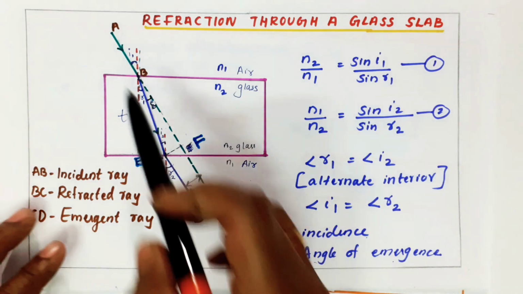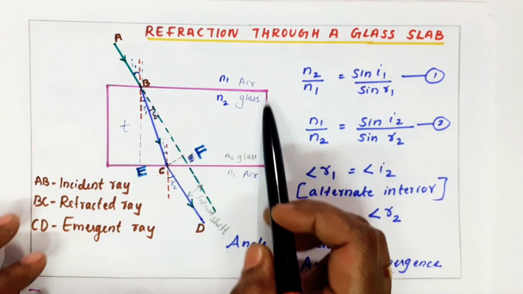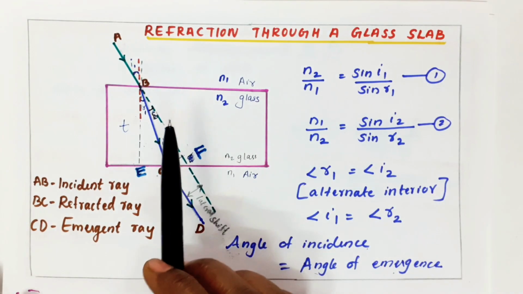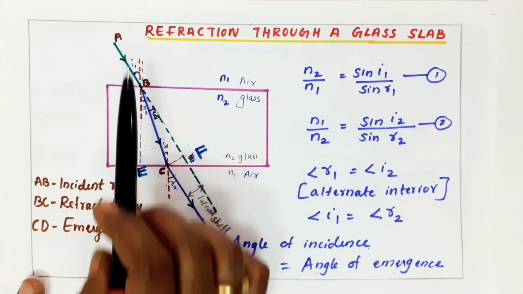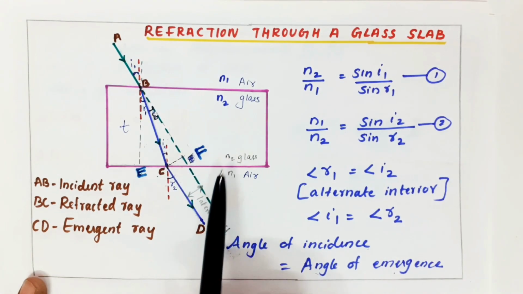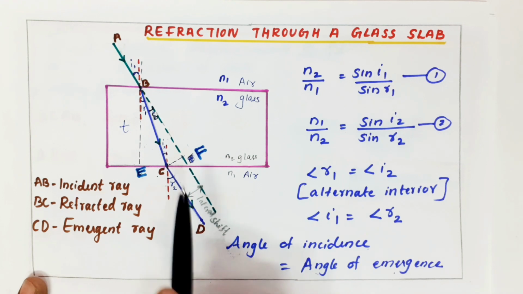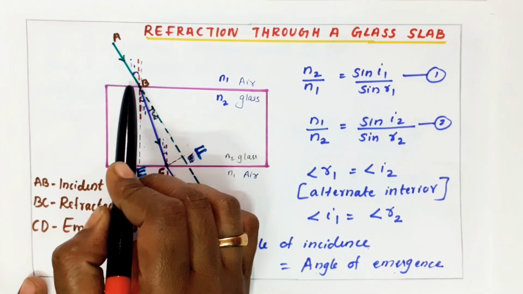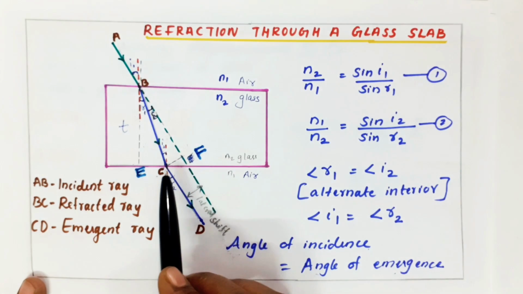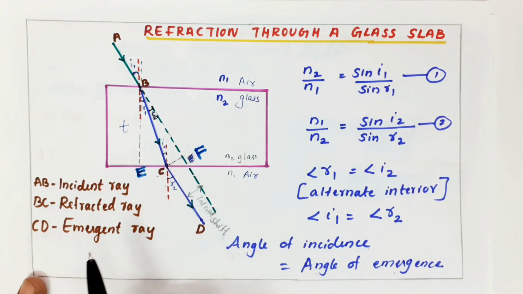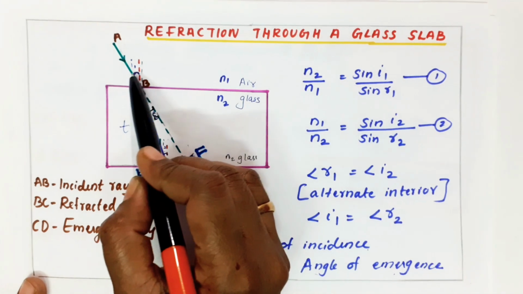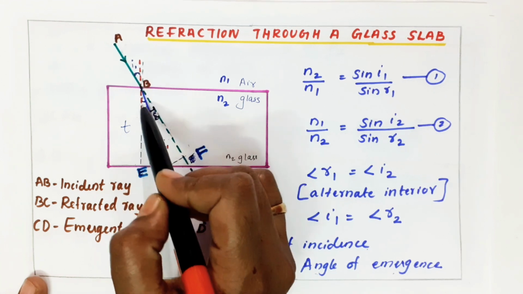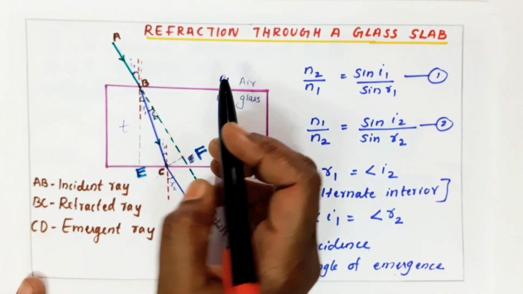See, this is a glass slab. In this glass slab, the light is traveling from air to glass and from glass to air. If you see this, AB is your incident ray, BC your refracted ray, CD your emergent ray. This is your angle of incidence, angle of refraction.